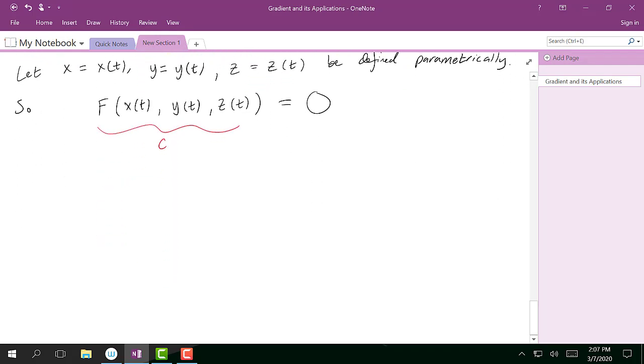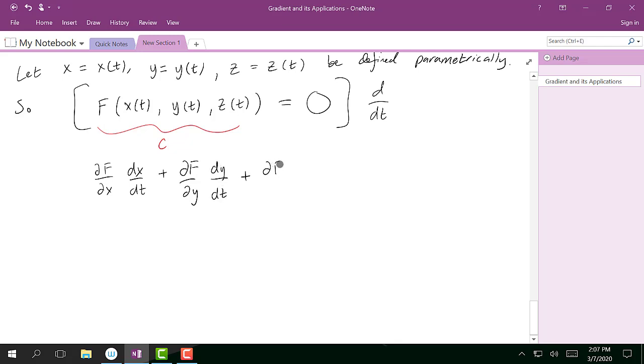And so what I can do right here is take the derivative with respect to t on both sides of this, d/dt, in which case, as you recall from before, we'll get the chain rule. So we get the partial derivative of F again with respect to x, times dx/dt, plus the partial derivative of F with respect to y, times dy/dt, plus the partial derivative of F with respect to z, times dz/dt.